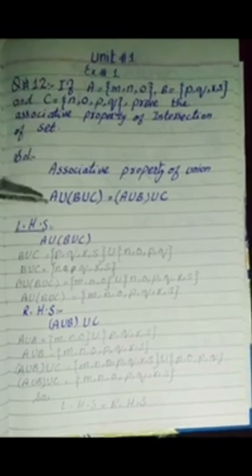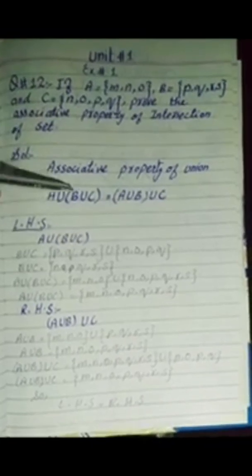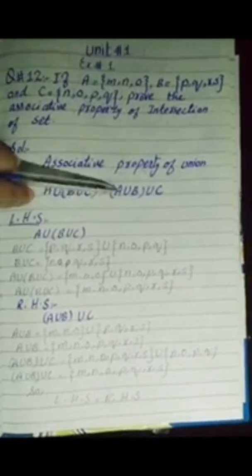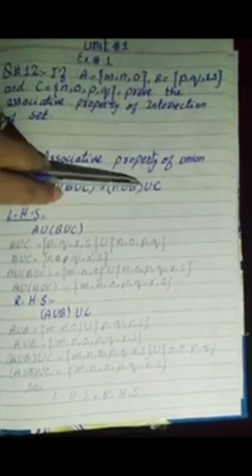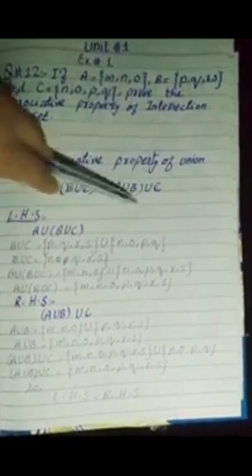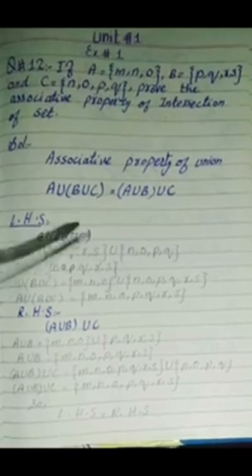Associative property of union is A union bracket B union C is equal to bracket A union B bracket union C. You can see the difference.